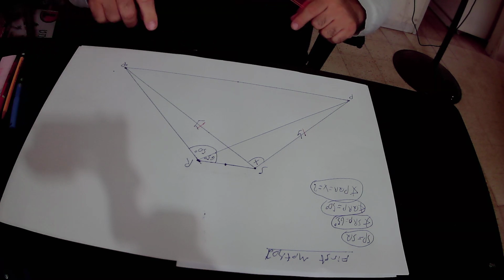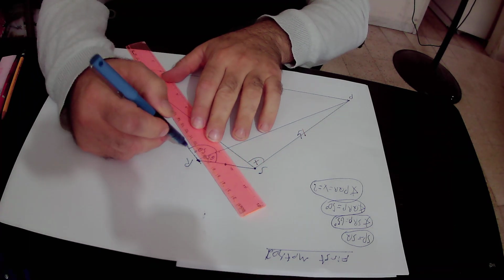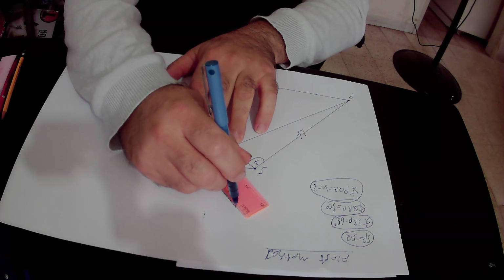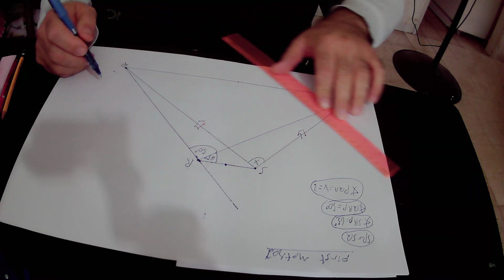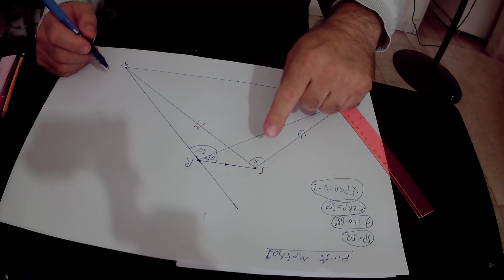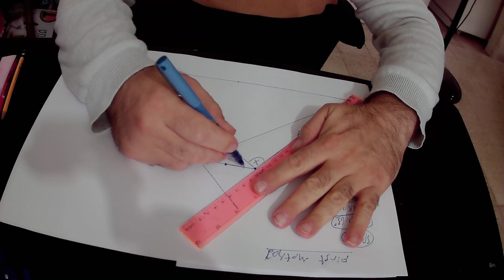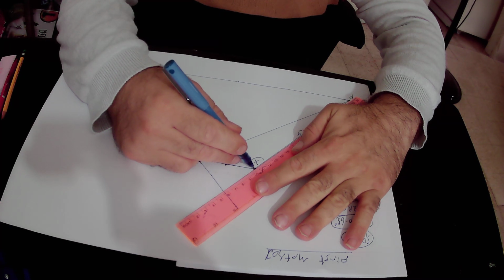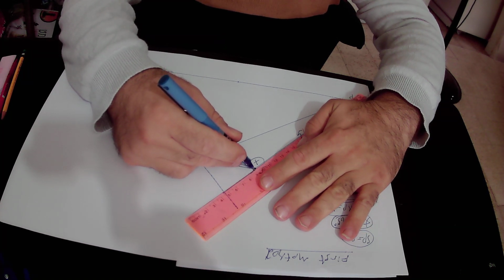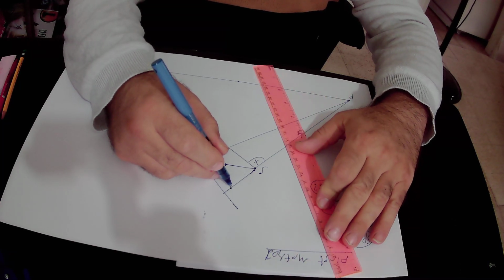We will extend side QR by a straight line, and then from point S we will raise a perpendicular to the extended QR, so this angle equals 90 degrees.